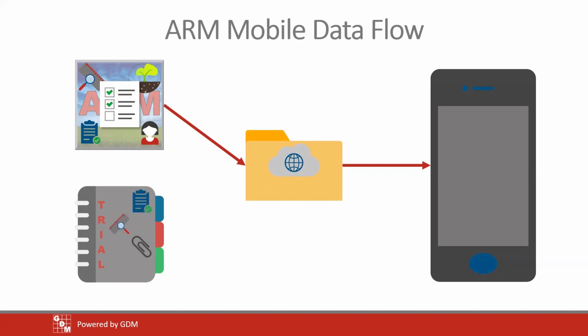And that's going to be your SE definitions list in the trial, any assessment columns that don't have data, attachments, and some site details all get copied again into this separate file. We call it the trial definition, and that is put into that cloud folder, a separate spot called trial def, which then also gets passed on to the ARM Mobile app. And we'll download those trials onto the phone.